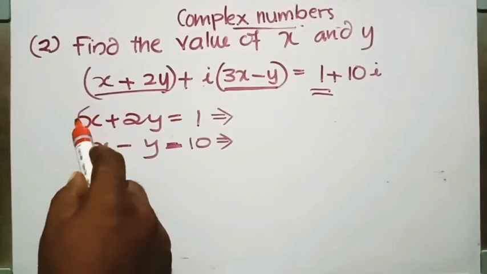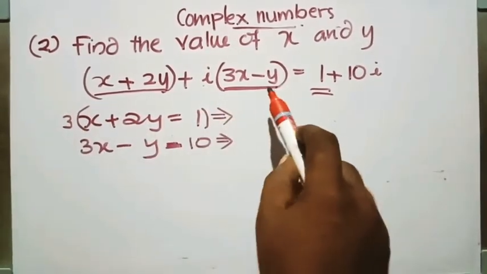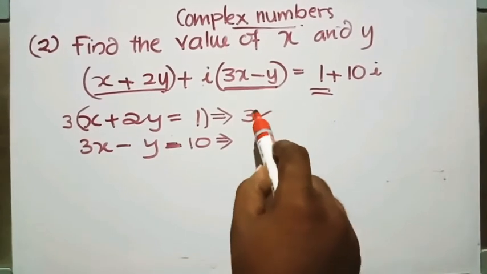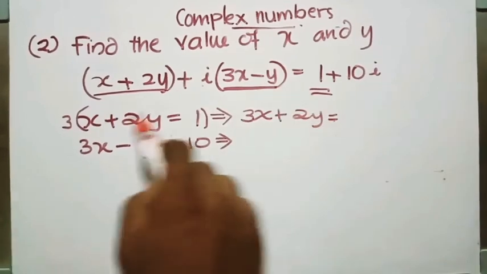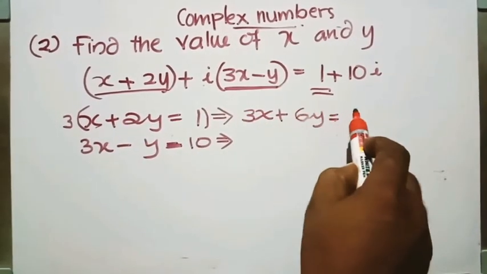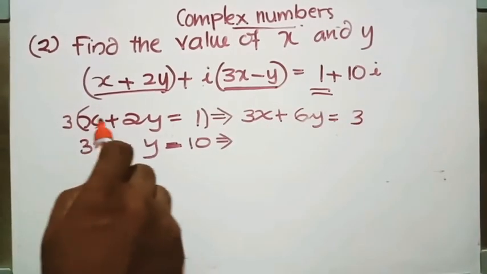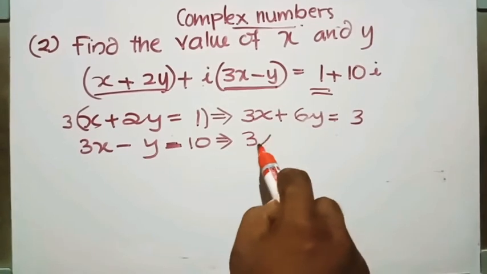For that, I am multiplying the first equation by 3. So we get 3x plus 6y is equal to 3 when you multiply 3 throughout the equation. And the second equation remains the same.